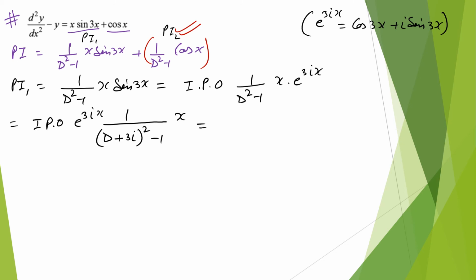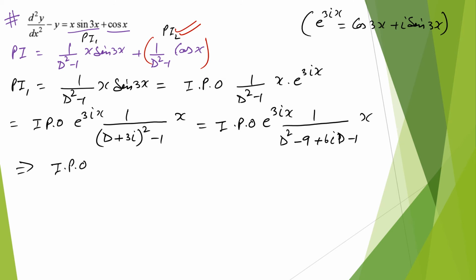Solving this part, we get the imaginary part of e to the power 3 iota x, 1 over d square minus 9 plus 6 iota d minus 1, x. In the next step, the imaginary part of e to the power 3 iota x and 1 over d square plus 6 iota d minus 10, x.